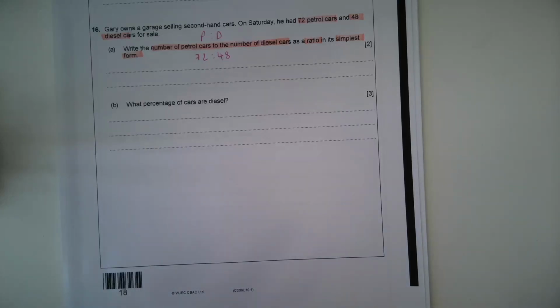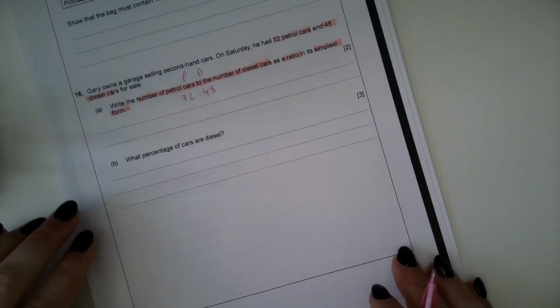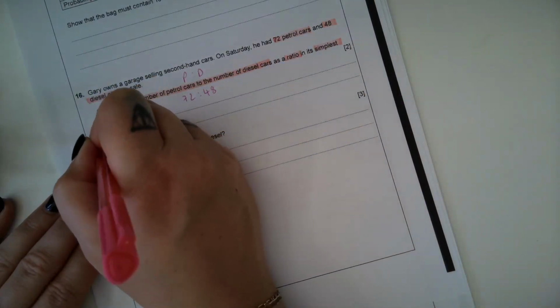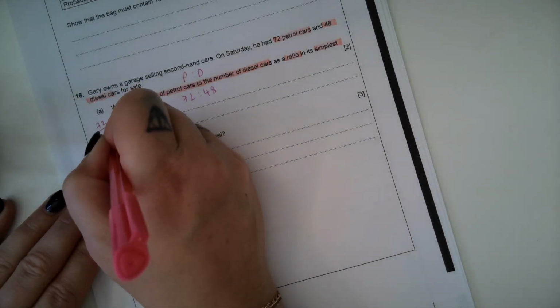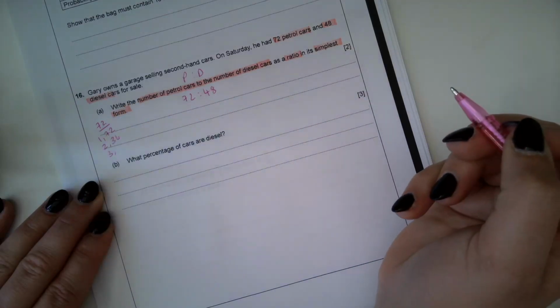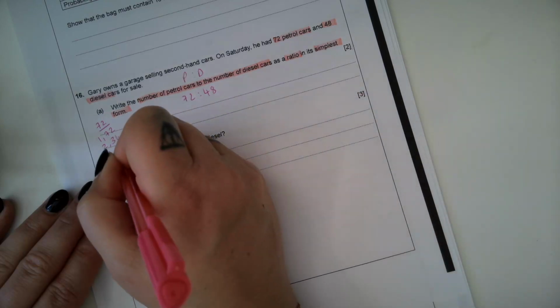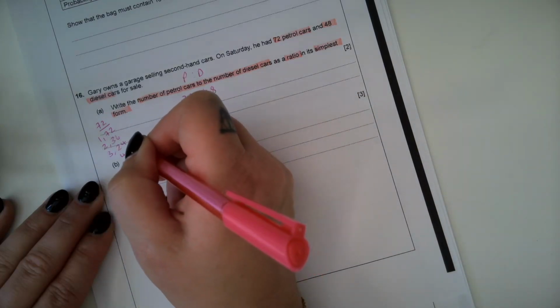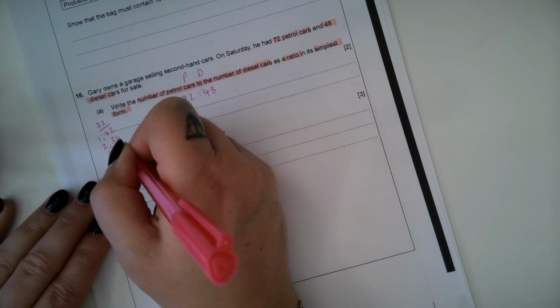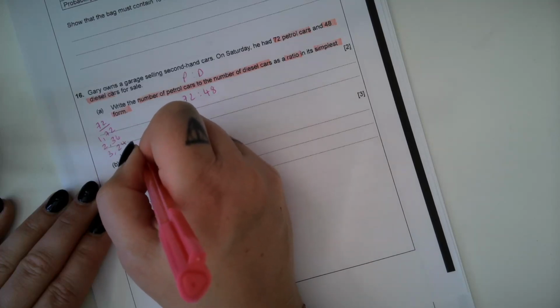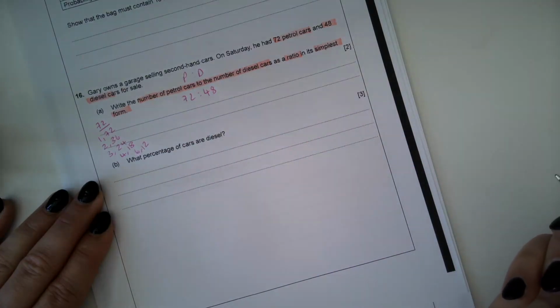Now I don't have a lot of space here, so what I am going to do is try and find my highest common factor of 72 and 48 to save myself a little bit of time. So factors of 72. We will have 1 and 72, 2 and 36, 3 and 24, 4 and 18, 5 doesn't go, 6 and 12.